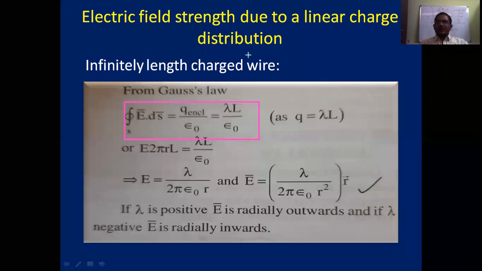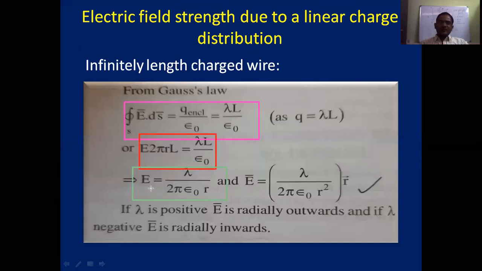So what you get is E into 2 pi r l equals lambda L by epsilon naught. L cancels on both sides. Finally, we get E equals lambda by 2 pi epsilon naught r.